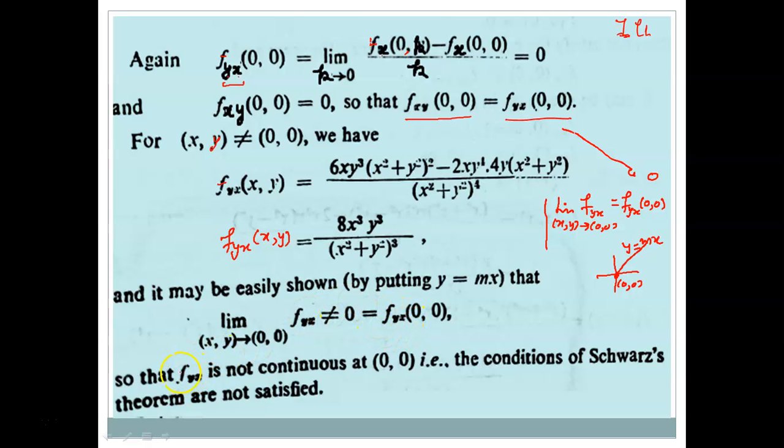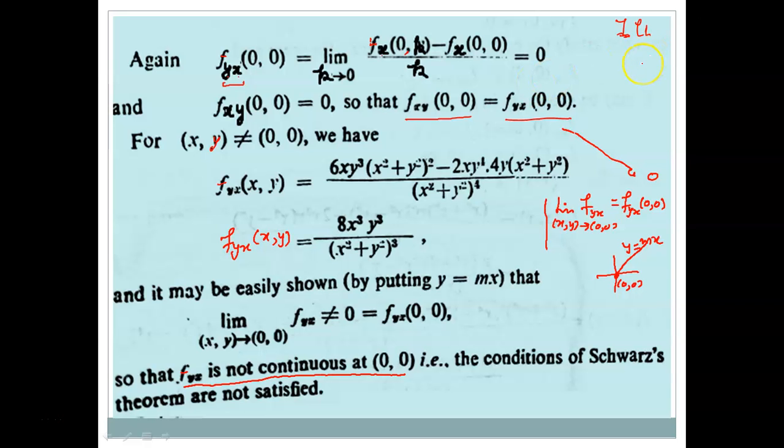So we can say that the function fyx is not continuous at (0, 0), and therefore the conditions of the Schwarz theorem are not satisfied. Conditions of the Schwarz theorem are not satisfied in this case, and despite that, the second order partial derivatives at the point (0, 0) are equal. So this is in the context of that remark.